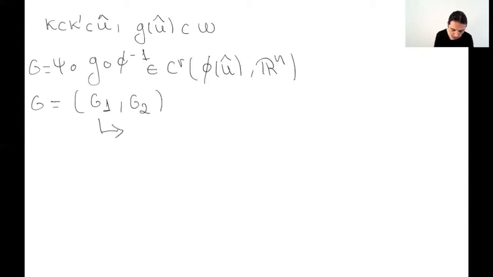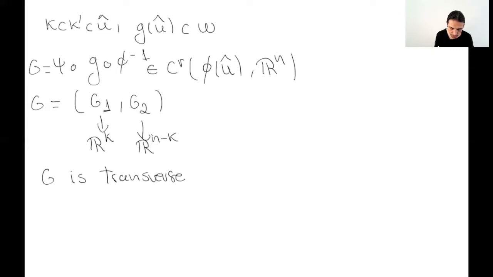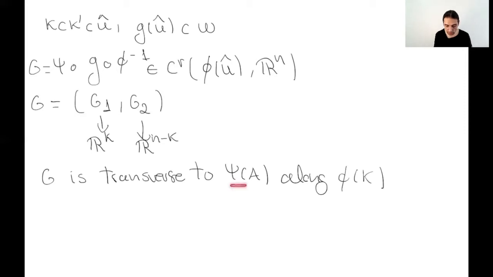G1 belongs to R^k, sorry, and G2 is going to have values in R^(n-k), right? And we want to know when G is transverse to psi of A along phi of K. Okay, since we are considering local charts now, we have to consider psi of A instead of A and phi of K instead of K.